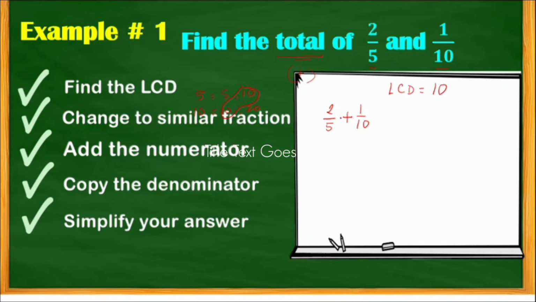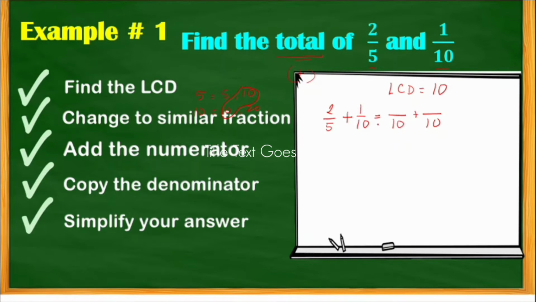Let's change these two fractions to similar fractions. This is the process: this would be the denominator, so this would be similar. All you need to do is find the numerator. So 10 divided by 5, the answer would be 2.